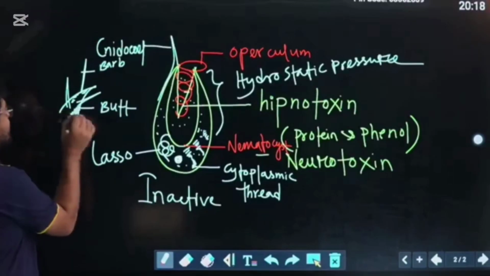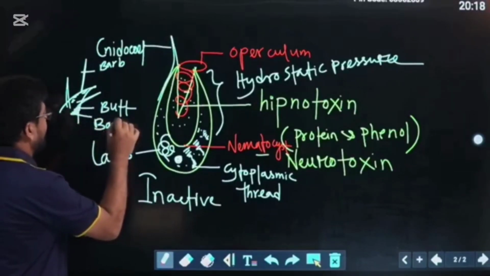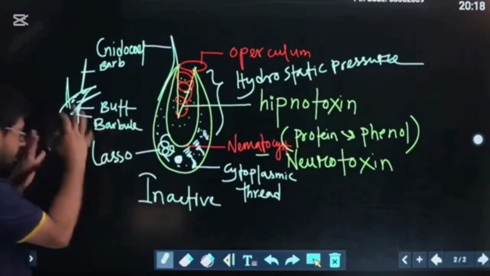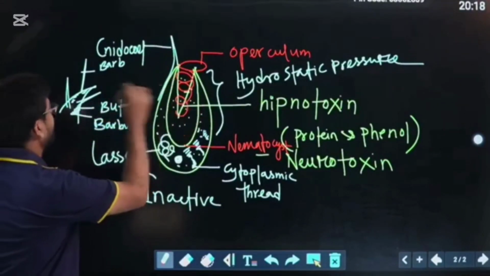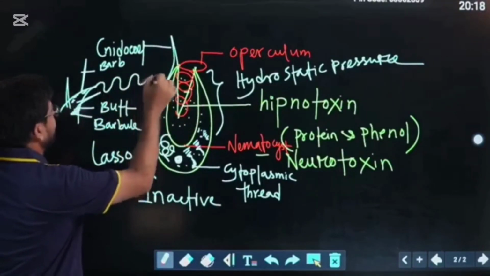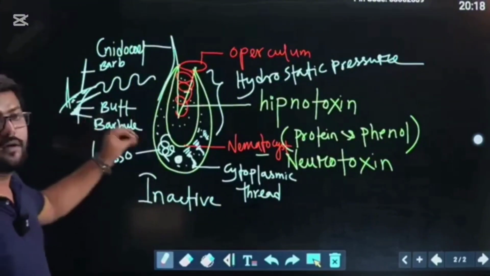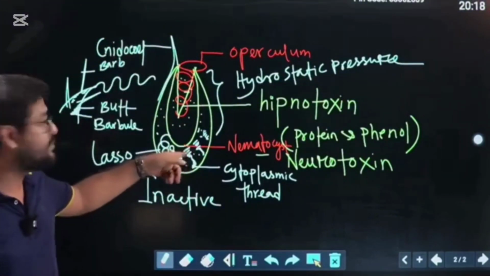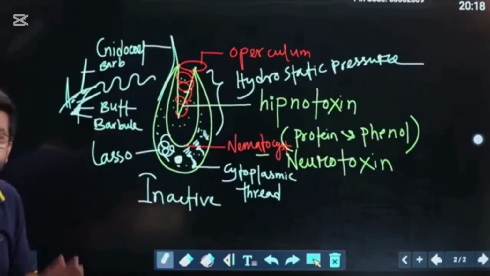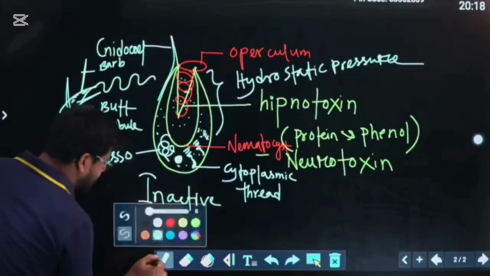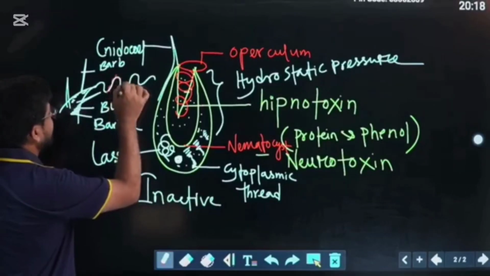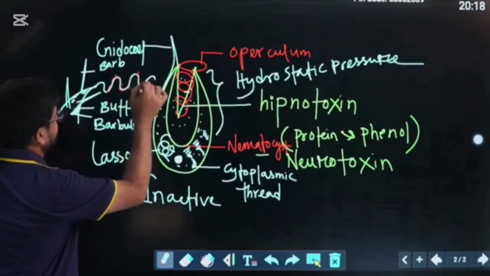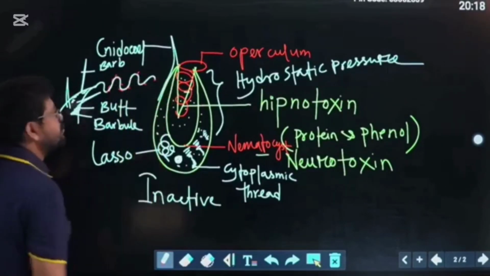You can say it is the barbiole. These are all ornamented in this structure, and finally the red one is the thread, and as it is connected with the nematocyst, you can say it is the nematocyst thread. The thread sometimes contains additional spines on its body, but I have said that terminally it remains open.